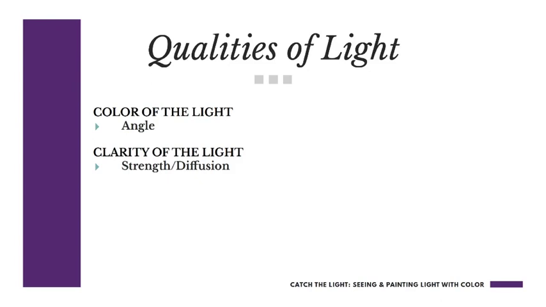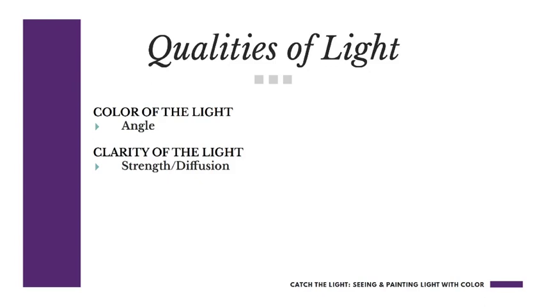So we've already seen in Module 2 that the time of day impacts the angle of the light source in relationship to the subject, and that the angle makes the light warmer or cooler. The same holds true when we're talking about the color of the light and time of year.